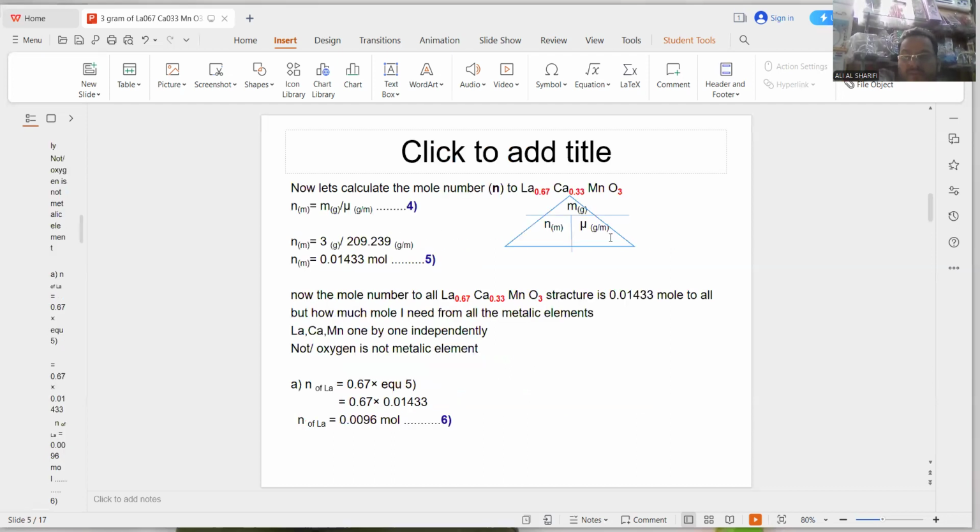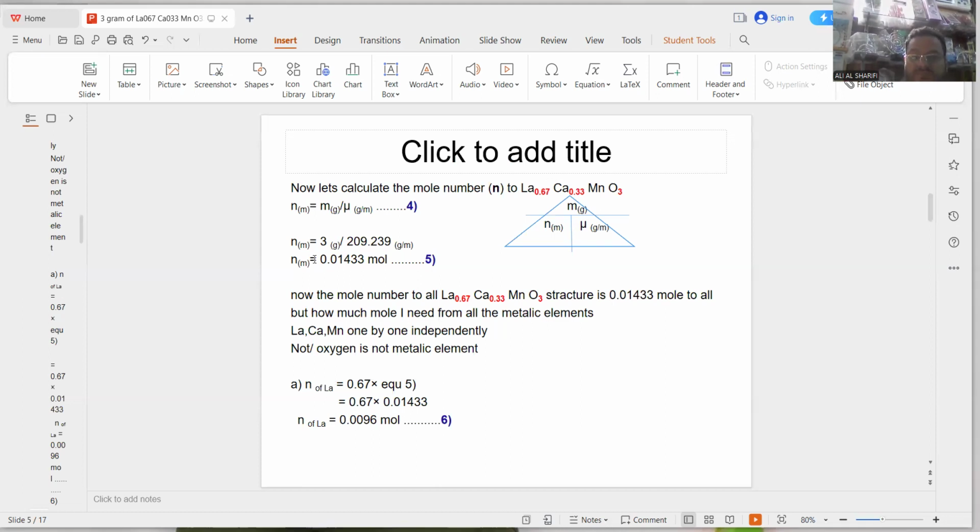After that, from this triangle, mass at the top, molecular weight at the right, mole number at the left. I have 3 grams. I calculated the molecular weight. By that, I can calculate the mole number of all of this doped perovskite oxide.